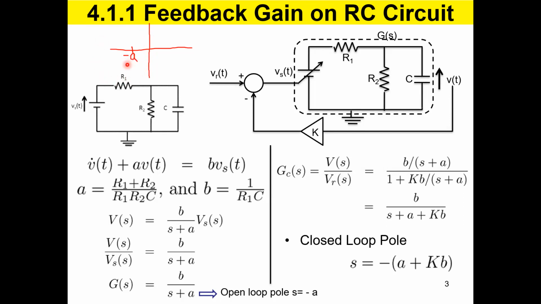Because this pole goes to e to the pole times t, so it has to be minus to be stable. In the response, the exponential term e to the plus something means that the signal is growing indefinitely. So that is a very unstable case.